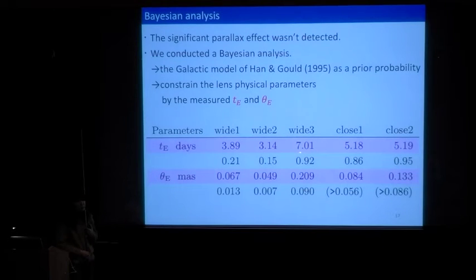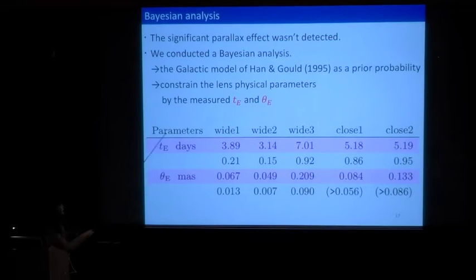And next, I'd like to talk about the Bayesian analysis. Since the significant parallax effect was not detected, we can't derive the lens property directly. So by conducting the Bayesian analysis, we get the probability distribution of lens physical parameters. And to constrain the lens physical parameters, we use the measured t_E and θ_E values.